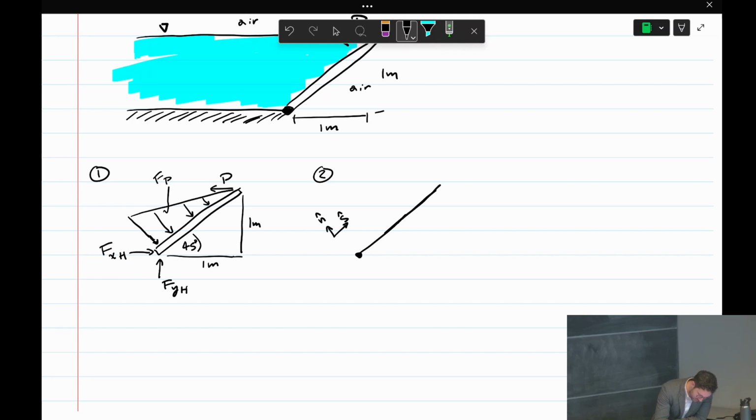I'm going to start at the hinge, define the distance along the surface as s. So if I have some sort of differential element here that I'm trying to compute, the distance from the hinge is going to be s, and the distance from the free surface will be y.